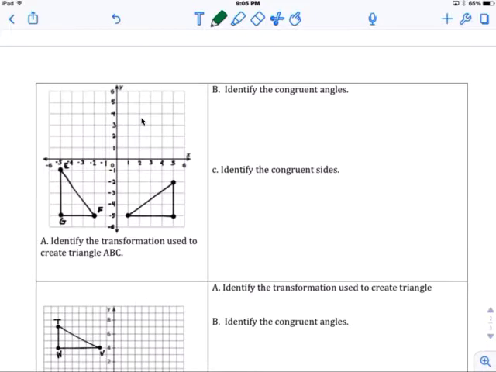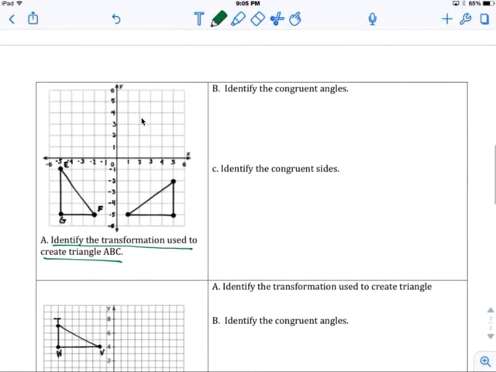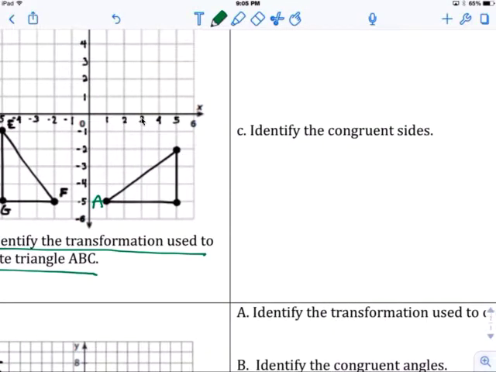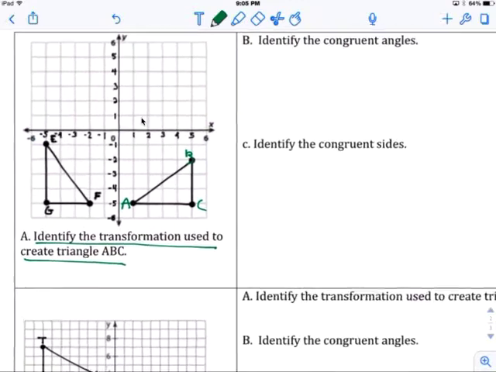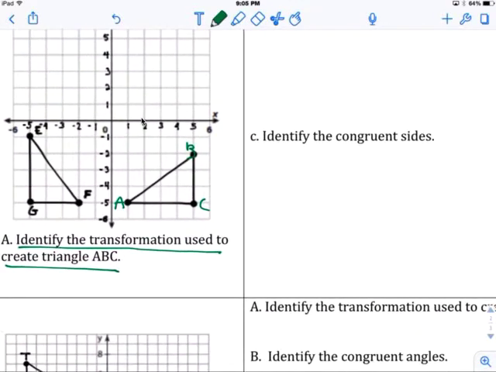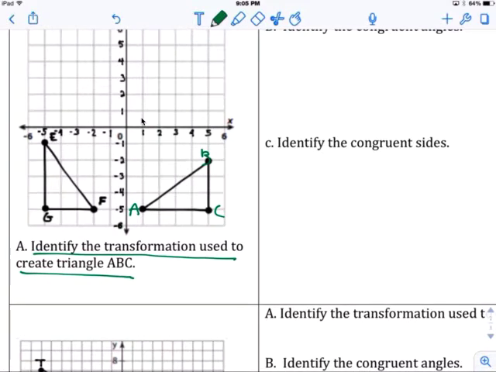Identify the transformation used to create triangle ABC. Oh, I must have written this on here, A, C, right? I hope I did on your paper. What transformation occurred? It's called a rotation.